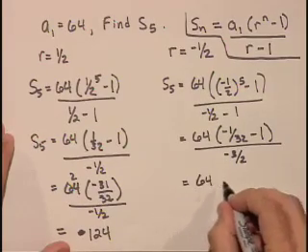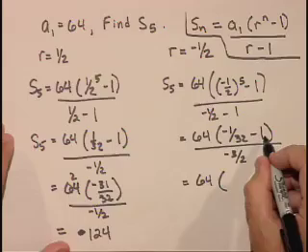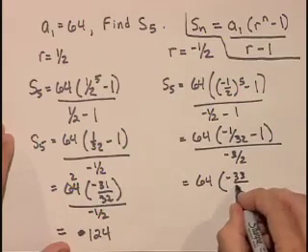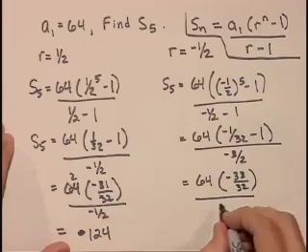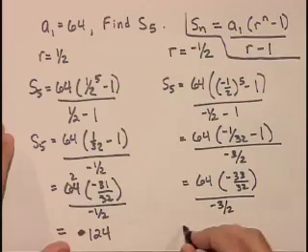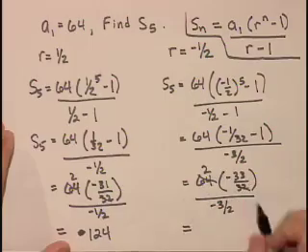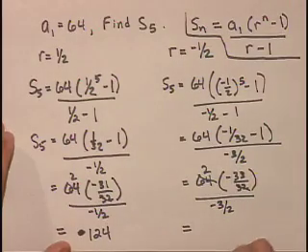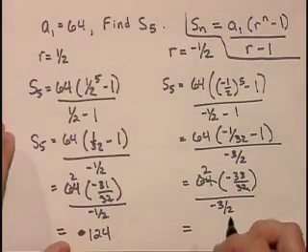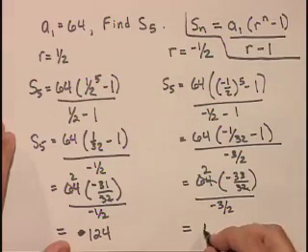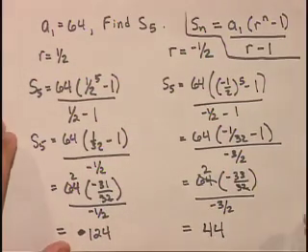So we have 64 times negative 33/32, since negative 1/32 minus 1 is negative 33/32, divided by negative 3/2. Again, we can use the same trick. 2 times negative 33 is negative 66. Divided by negative 3/2 is multiplying by negative 2/3, and that's going to give us positive 44.